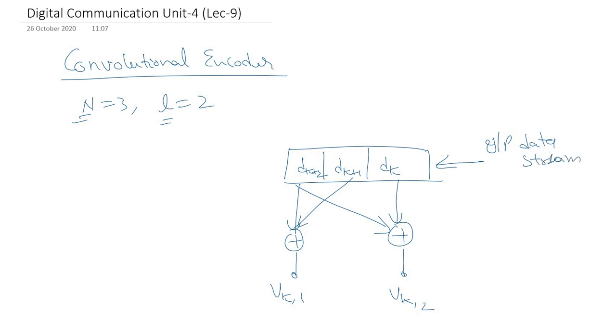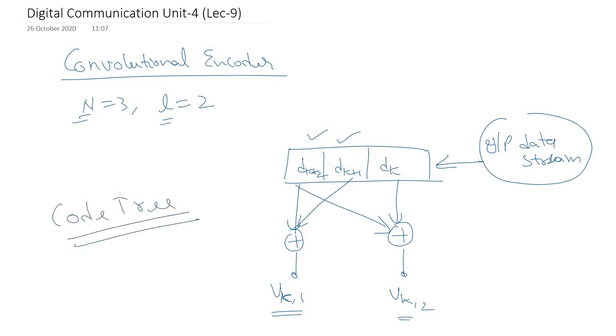So this acts as your convolutional encoder, and depending on the input data stream and the previous data available in the shift registers, we get the code word. We have also seen the code tree representation of the same encoder in the previous lecture.